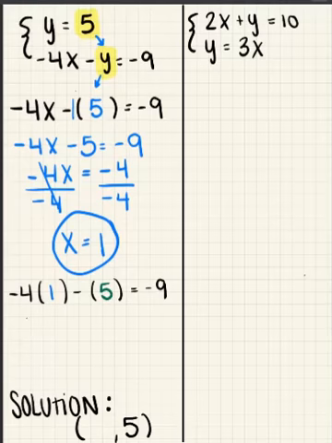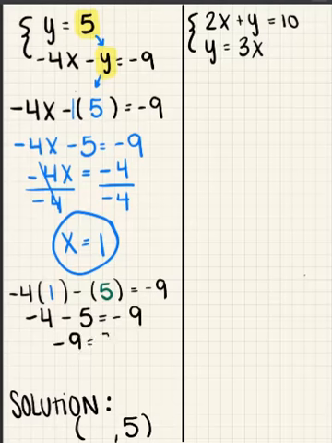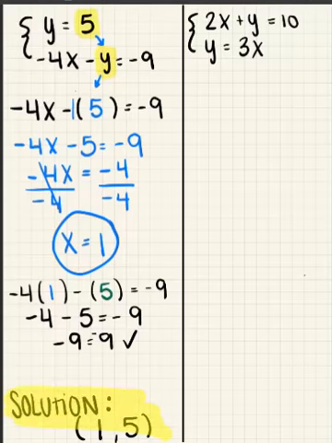Negative 4 times 1 is negative 4. Minus 5 equals negative 9. Is negative 4 minus 5 negative 9? Well, yeah, it is. So that means that my solutions are correct. I can add my 1 down here to this point, and my answer, or my solution to this system down here, is the point (1, 5).